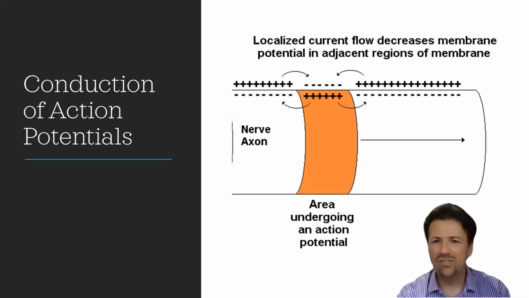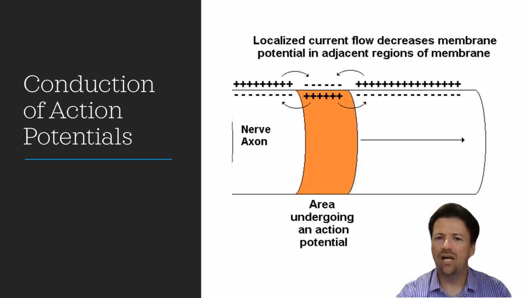The region next to it still has a normal RMP, with the region being negative. Now, when you have positive charge next to negative charge, what happens? They attract one another, and there's a flow of current, and the positive charge flows in this direction.